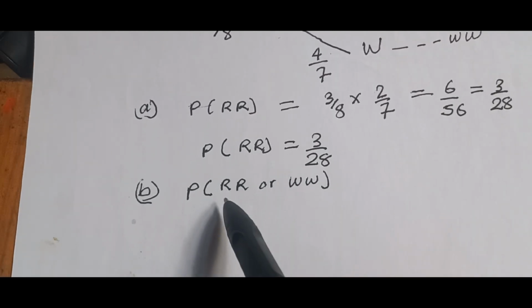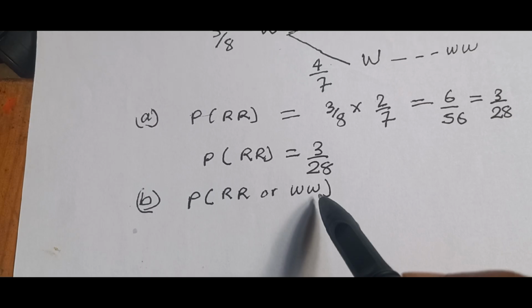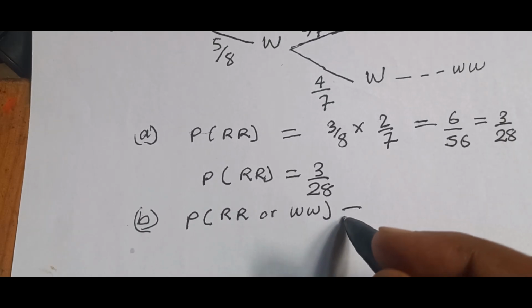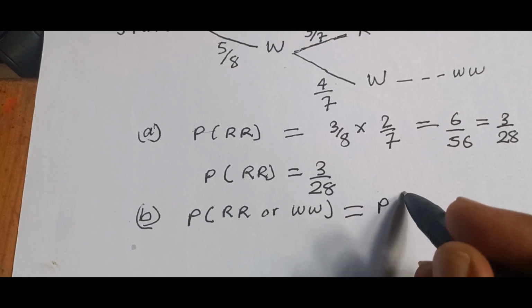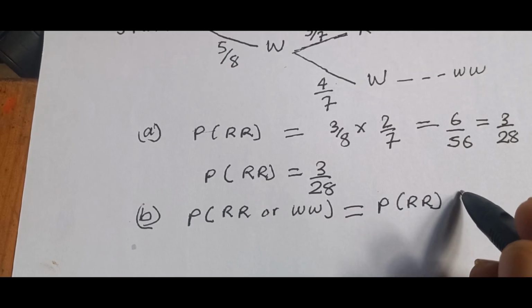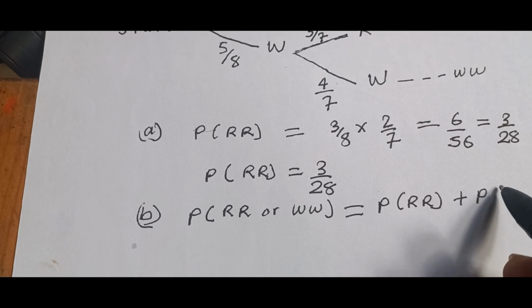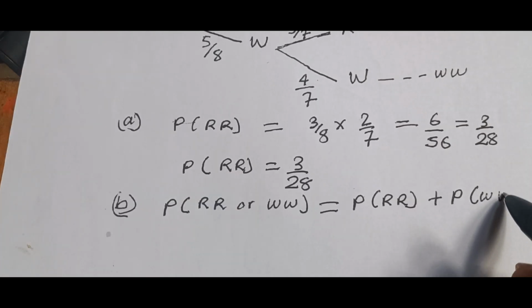So we are looking for RR or WW. In probability, this is the same as writing the probability of both balls having red color plus the probability of both balls having white color.